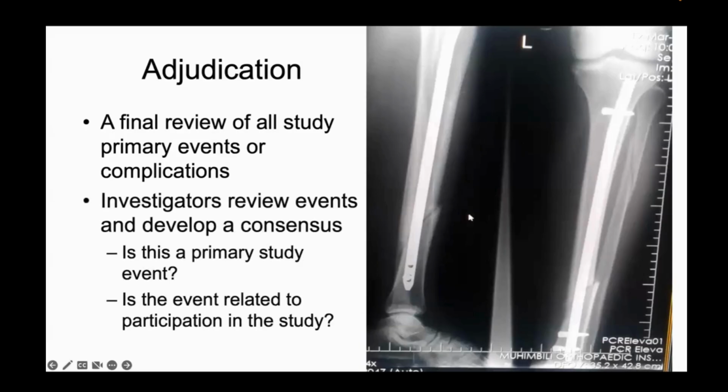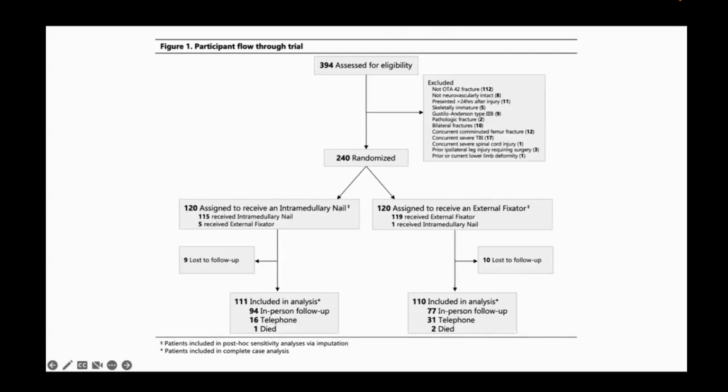Same goes with adverse outcomes, right? Those are also events of interest. They need to be reported to the Data Safety and Monitoring Board, and potentially to the human subjects review committees at participating institutions. These fall within the purview of an adjudication committee.